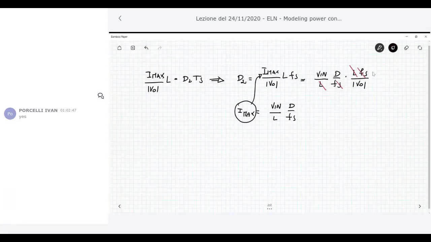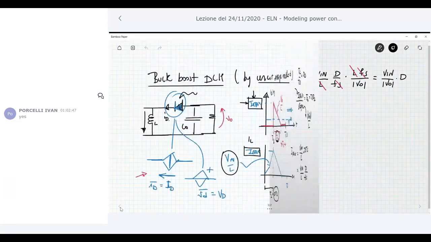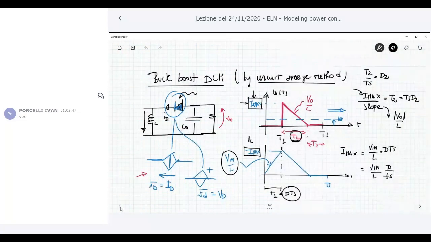And then comes out V in over V naught multiplied D. This is the duty cycle. So in the circuit that you have here, which is the buck boost converter, which is the expression of the output voltage V naught?